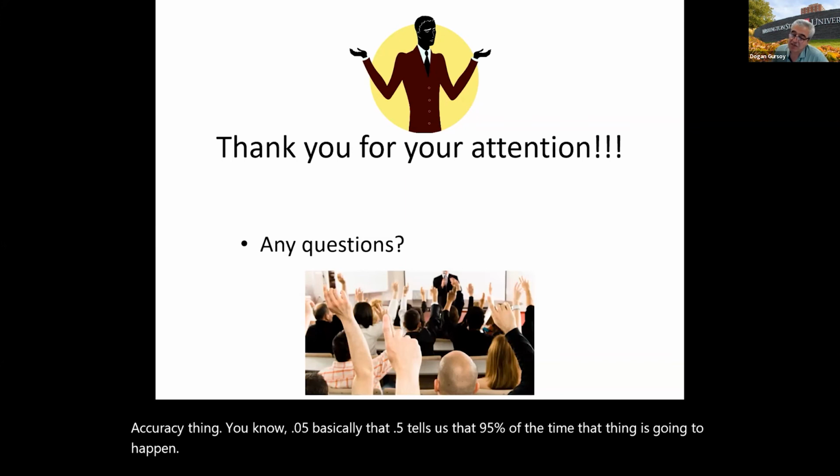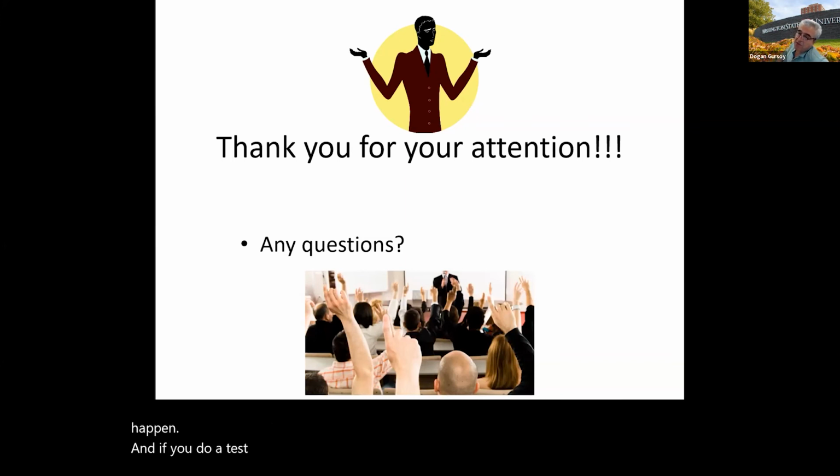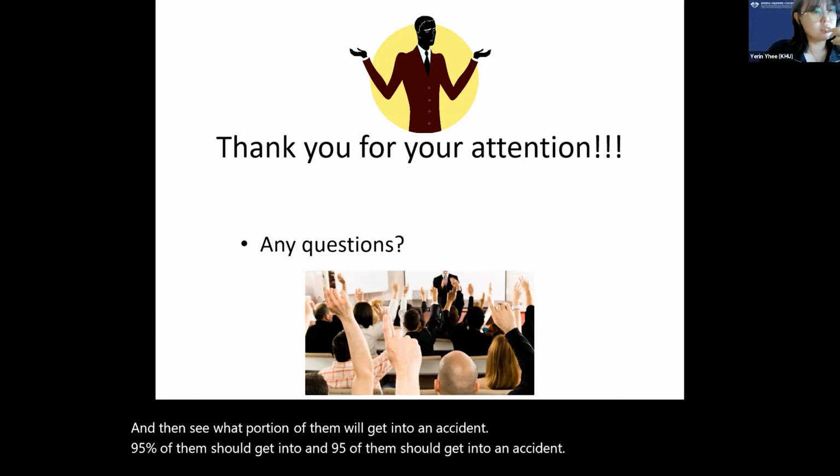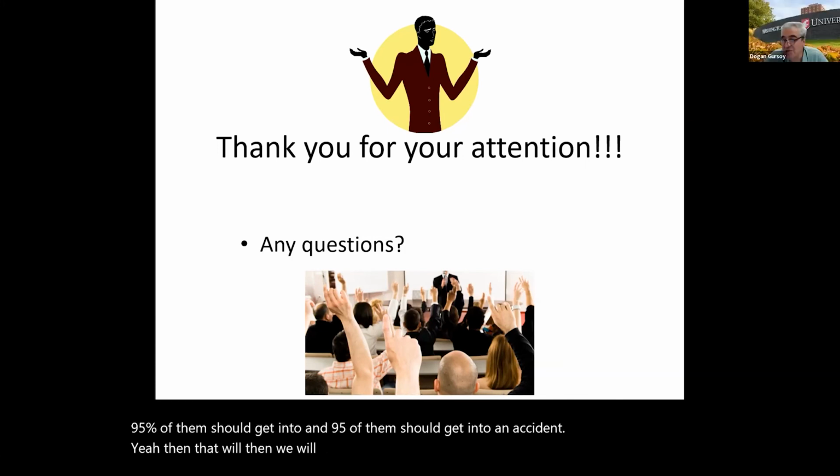If we get 100 people drunk, put them in a car, and see what portion of them will get into an accident, 95 of them should get into an accident. Then we will establish a causal relationship. If it's less than 95%, there is no causal relationship. Does that make sense?